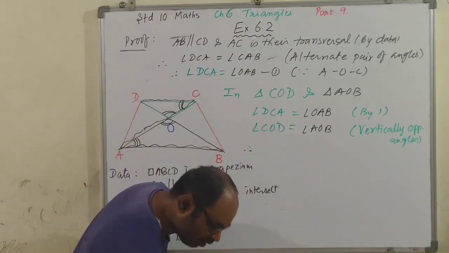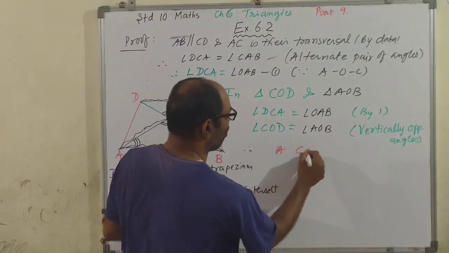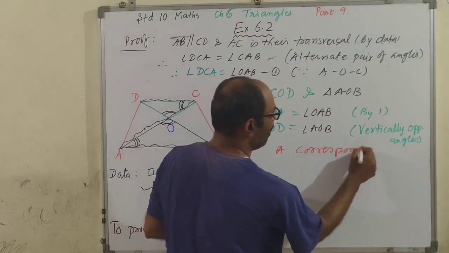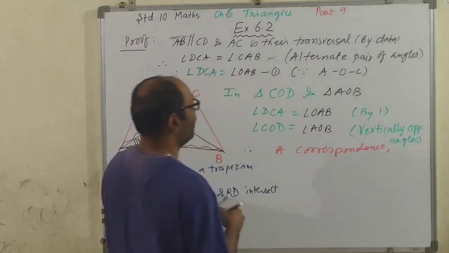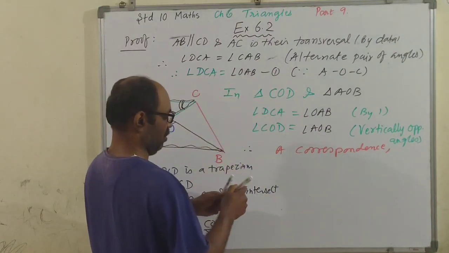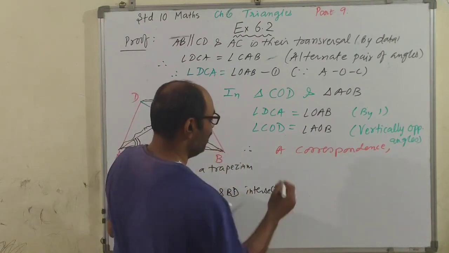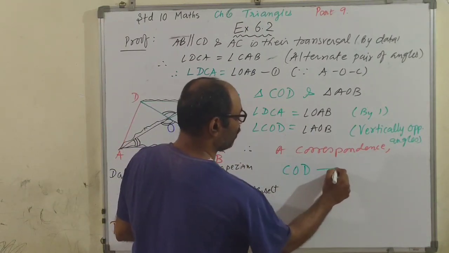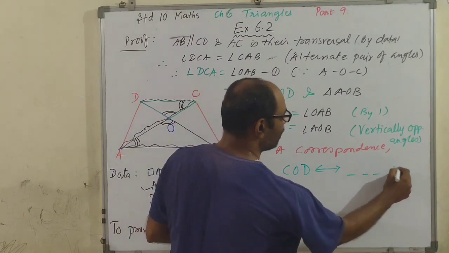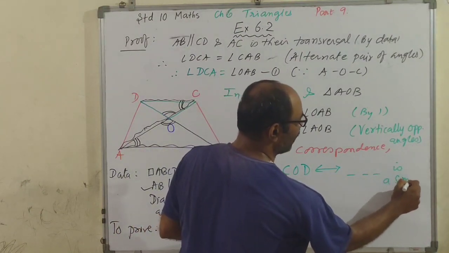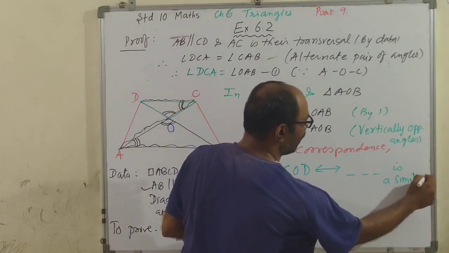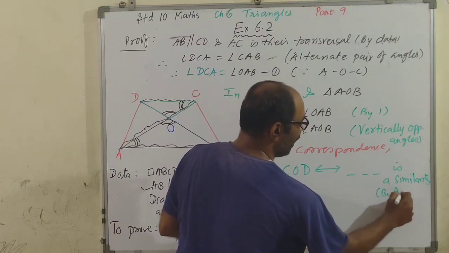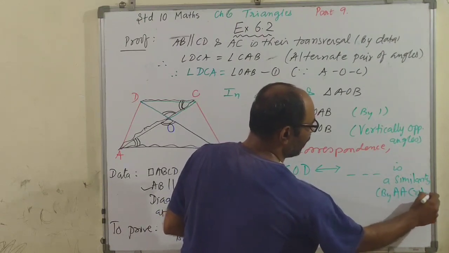Therefore, a correspondence. I'll write the green one: COD corresponds to dash dash dash is a similarity by AA criterion.